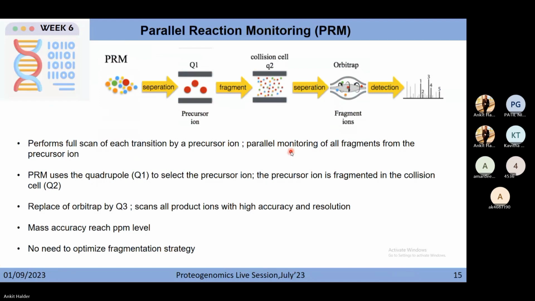The peptide length considerations remain common for both, because you need to identify unique peptides. It is fruitful only if you monitor unique peptides, otherwise it is not of much use.